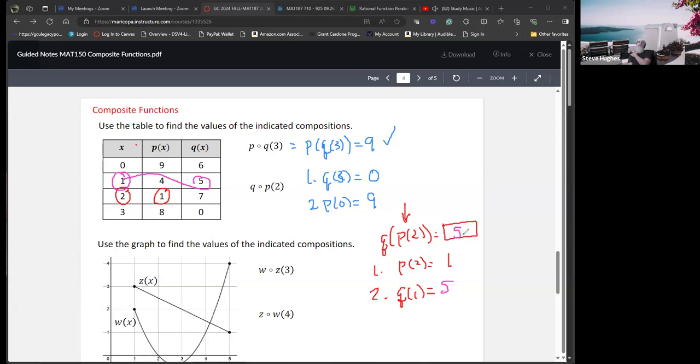All right, you guys see if you can figure out how to use the graph. See if you can use the graph rather than a table. See if the graph helps you out.